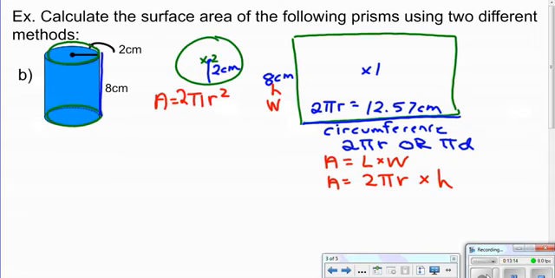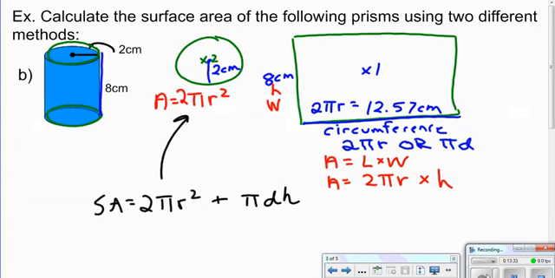So this is actually on one of your formula sheets for surface area. This is one of the ones that we give you, and the formula that you get says surface area equals 2 pi r squared, so for your circles, plus pi times diameter times height.